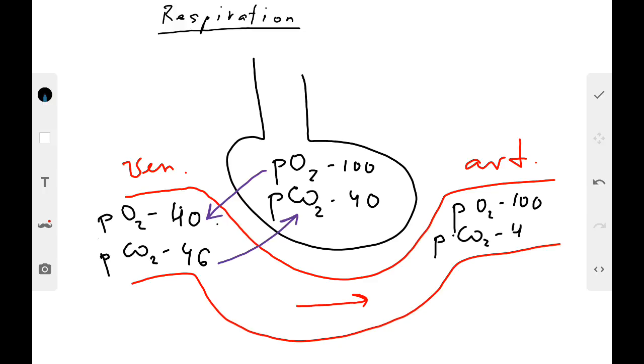It decreases in comparison with the venous part of the system. So what we have is oxygenated blood, which is enriched with oxygen and which releases some amount of carbon dioxide.